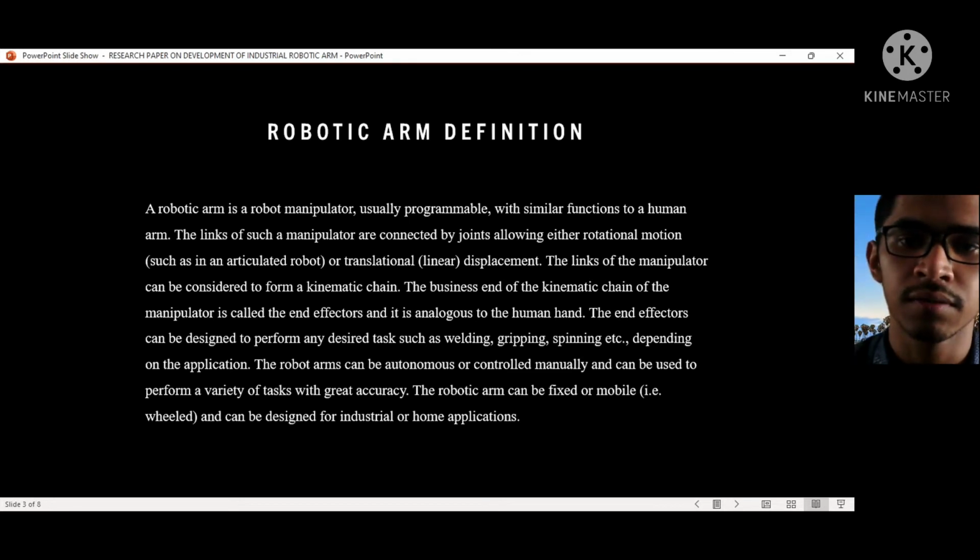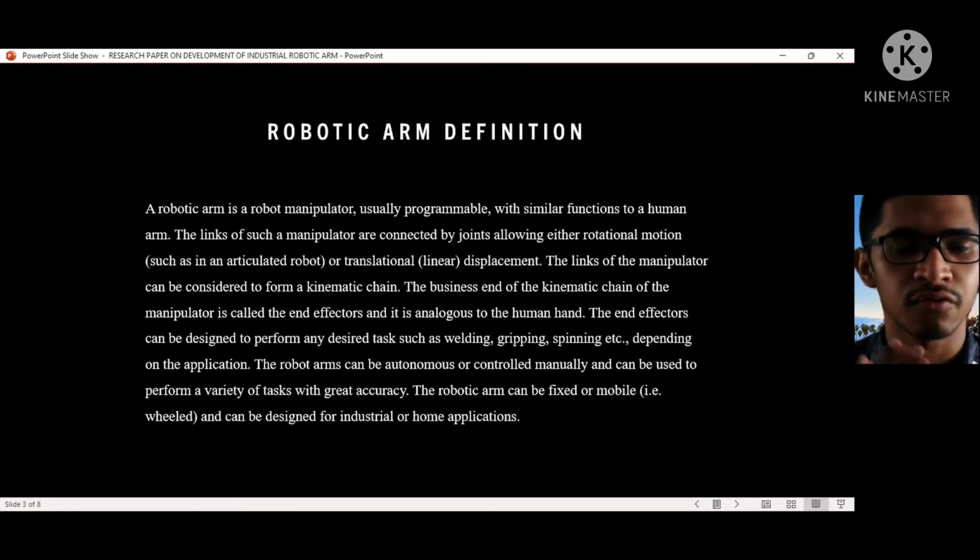The business end of the kinematic chain of the manipulator is called the end effector, and it is analogous to the human hand. So here we know that the standard of procedure for the robotic arm operation is the same as a human hand. It can move, twist, spin, grab, and hold something.